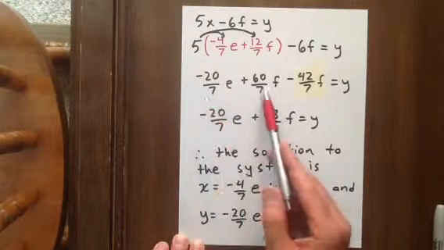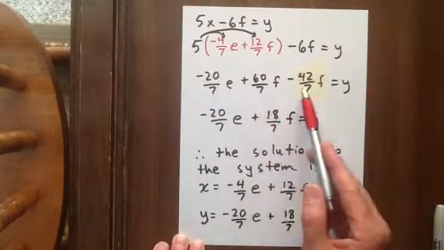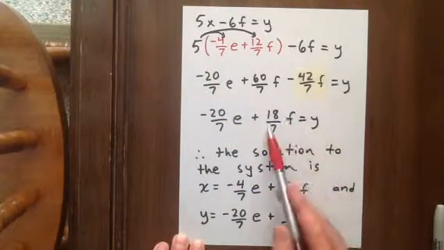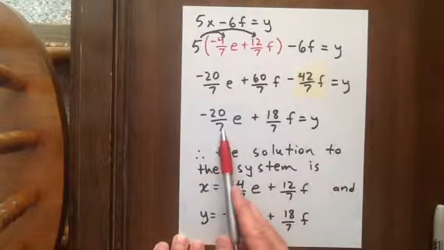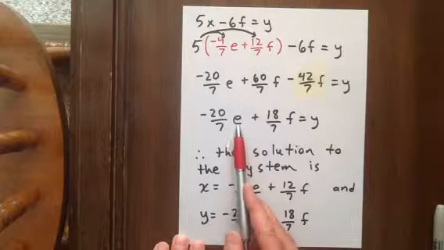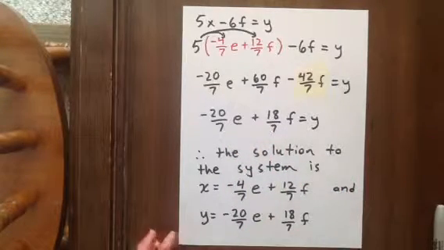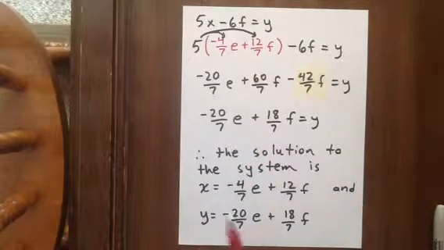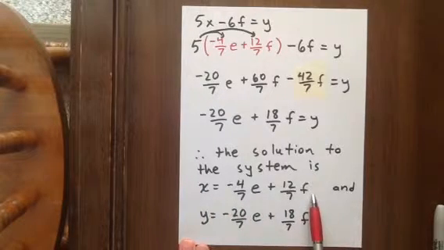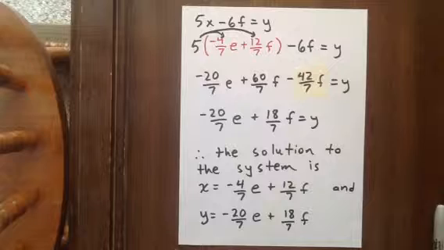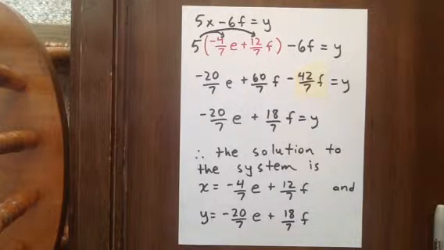And now collecting my like terms, I see 60/7 f minus 42/7 f is 18/7 f. So y is actually equal to negative 20/7 times e plus 18/7 times f. And the solution to the linear system is x equals negative 4/7 e plus 12/7 f, and y is negative 20/7 e plus 18/7 f.